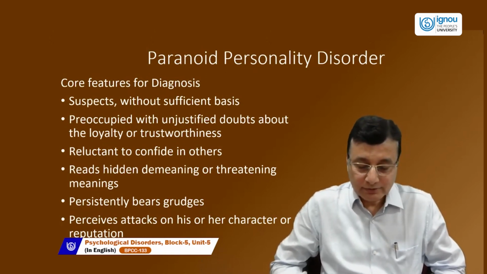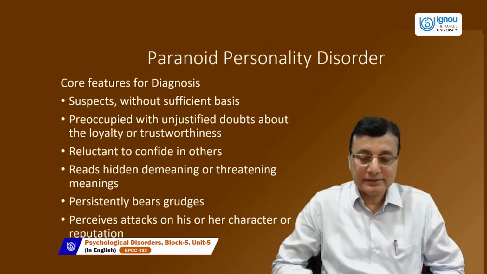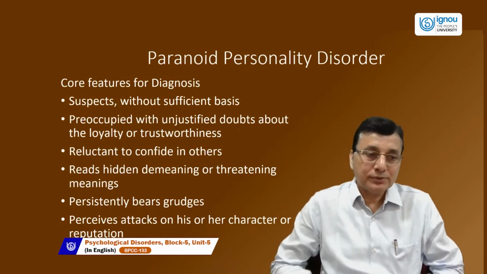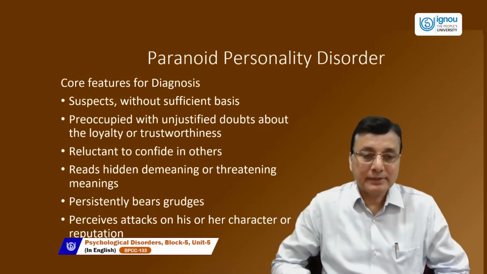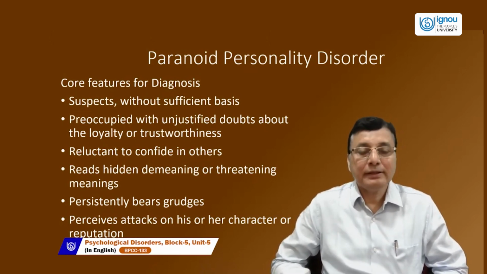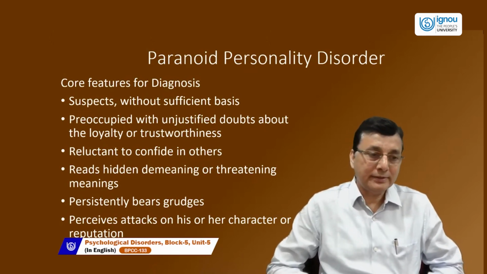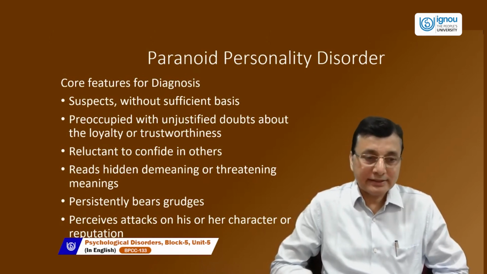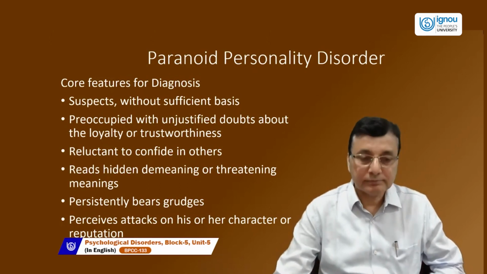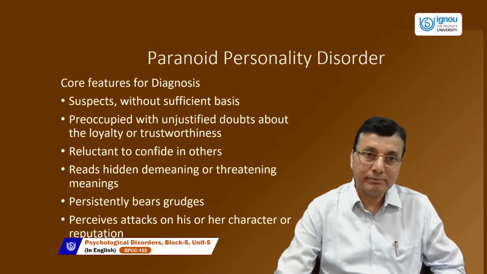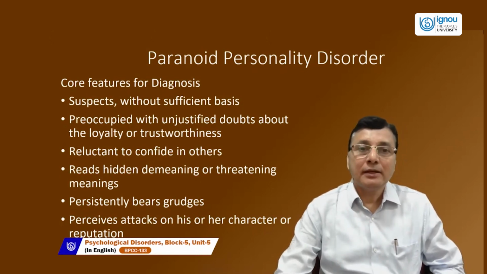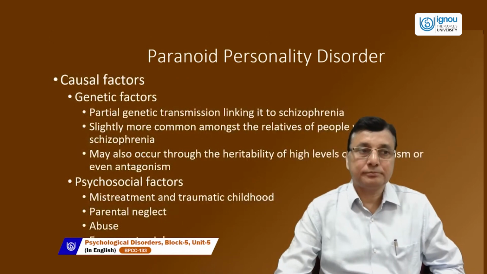If you are talking to a friend who has paranoid personality disorder traits, even though you have said something casually, the person may interpret it very differently. They persistently bear grudges and perceive attacks on their character or reputation. So it's very difficult to maintain a relationship with a person having paranoid personality disorder.